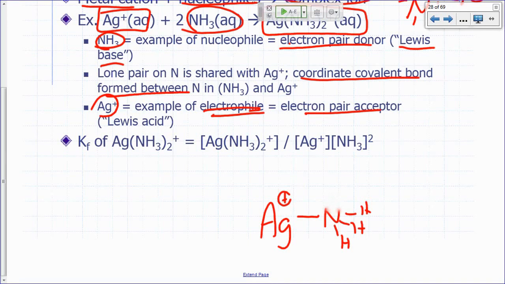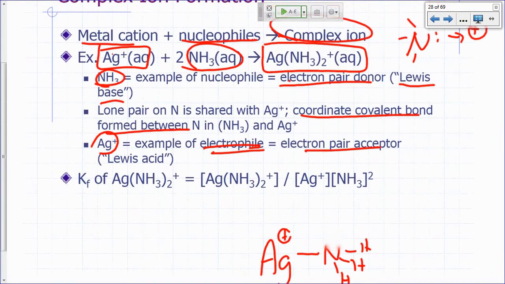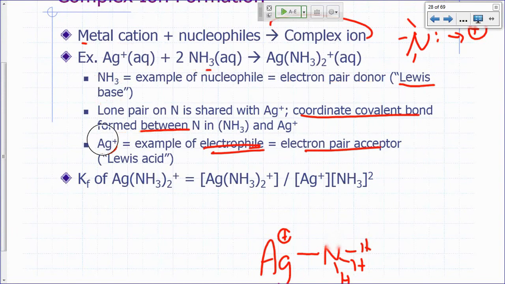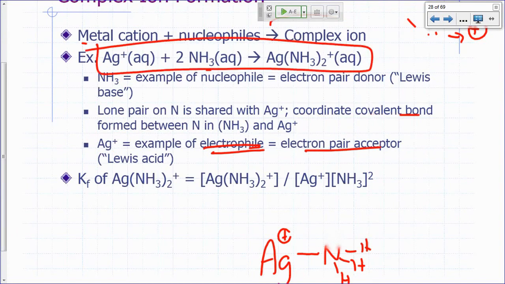Now, the formation constant would just be equal to the KEQ for this reaction, where you're forming the complex ion from the metal cation and the nucleophile. If you look at this reaction, the KEQ is called the KF of the complex ion that you made.